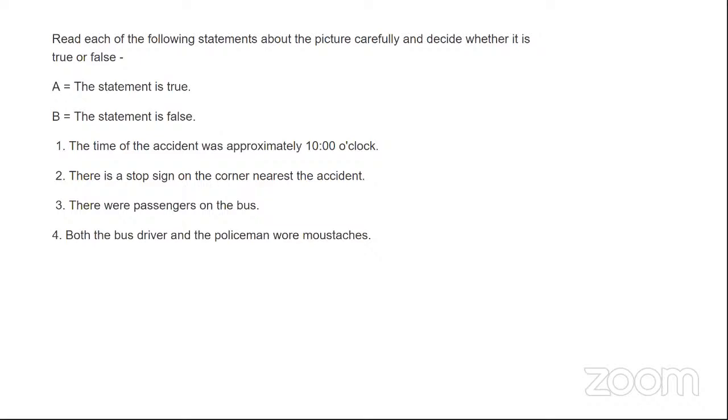So the time of accident was approximately 10 o'clock. Is the statement true or false? It's true. The statement is true. It's hardly 5 minutes difference.